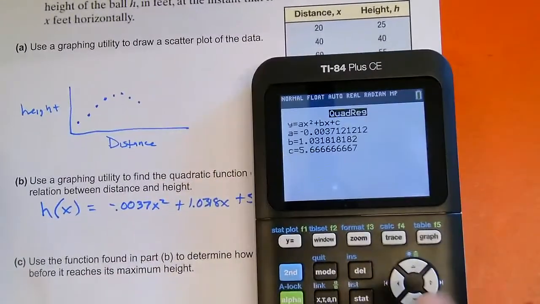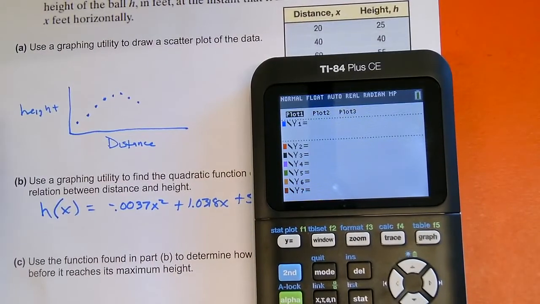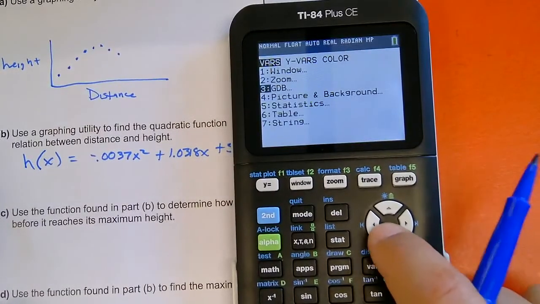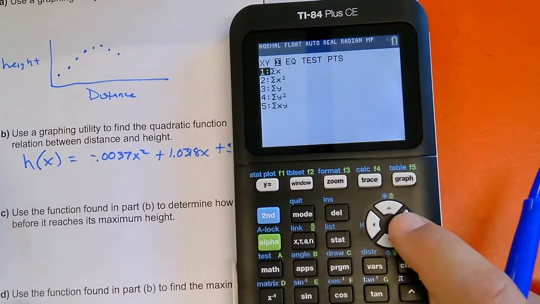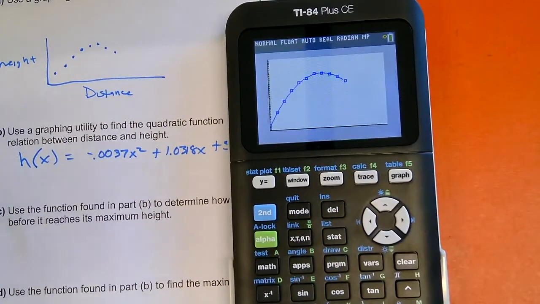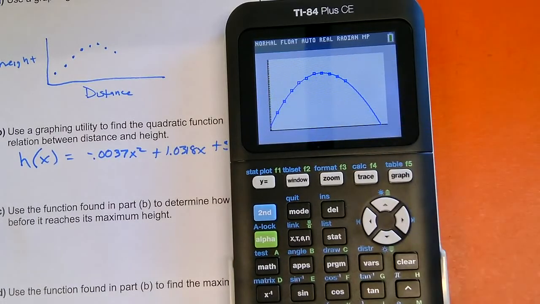Now when I go to y equals, that's stored in. If you don't have that option to calculate, a reminder of where that's at: you go to vars, which is right next to clear. You go down to statistics, EQ, and then RegEQ, and it copies and pastes that whole thing. Now you can see that it fits that data pretty well, right? This allows me to answer any question that they have.